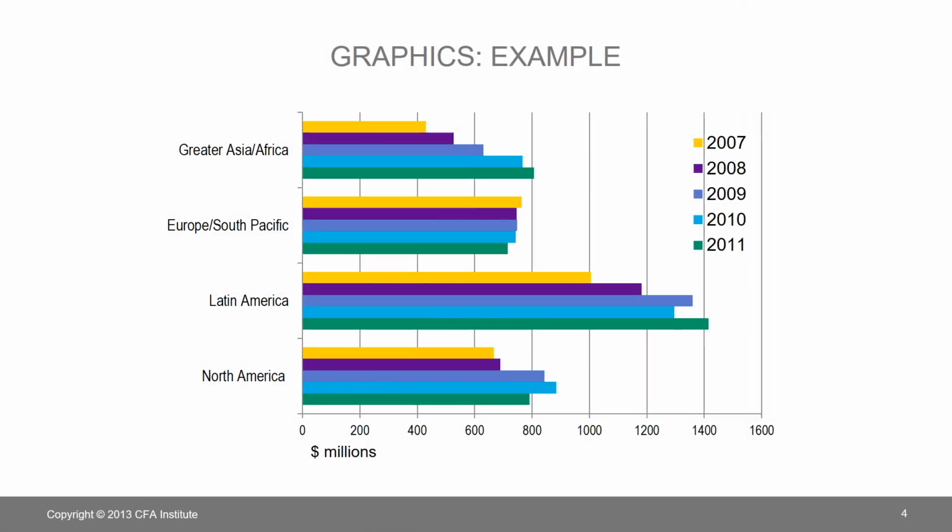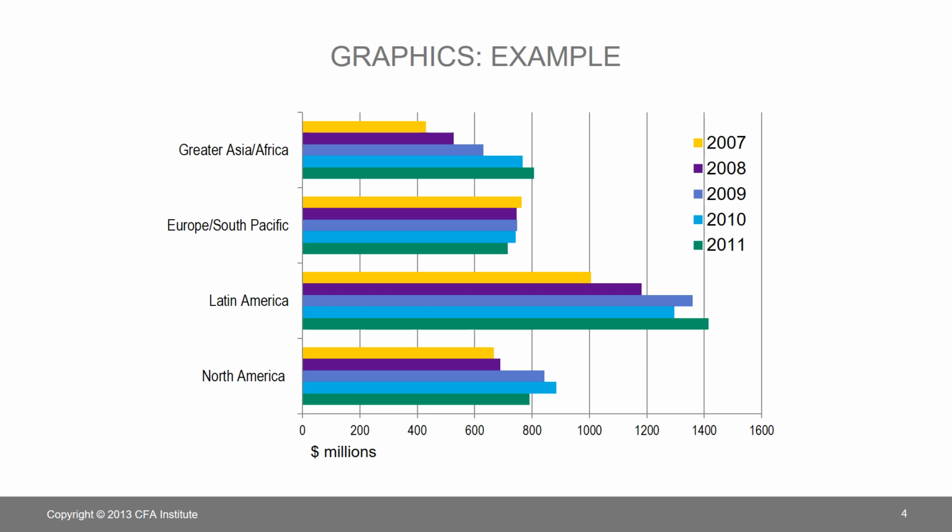This chart, on the other hand, was created using an Excel bar chart, and it shows the geographic composition of the operating profit margin for Colgate-Palmolive's oral, personal, and home care segment from 2007 to 2011. The bar chart allows an analyst to communicate about the geographical composition of the segment's operating profit over time.